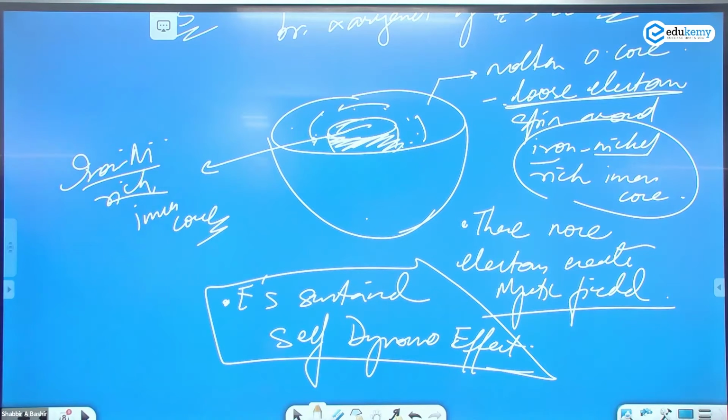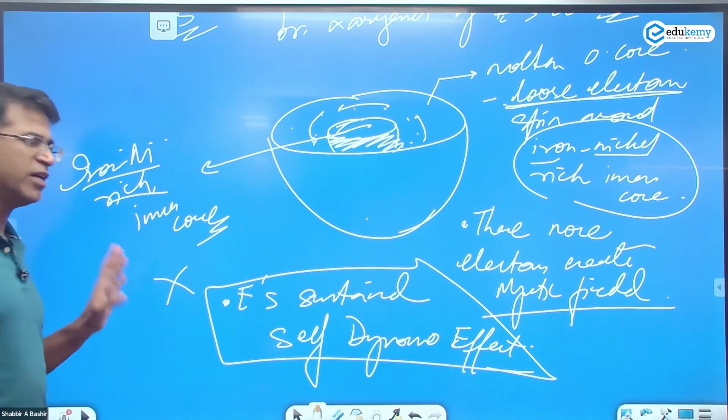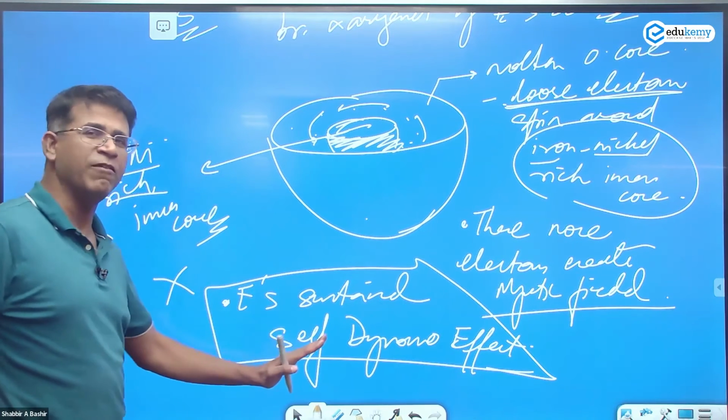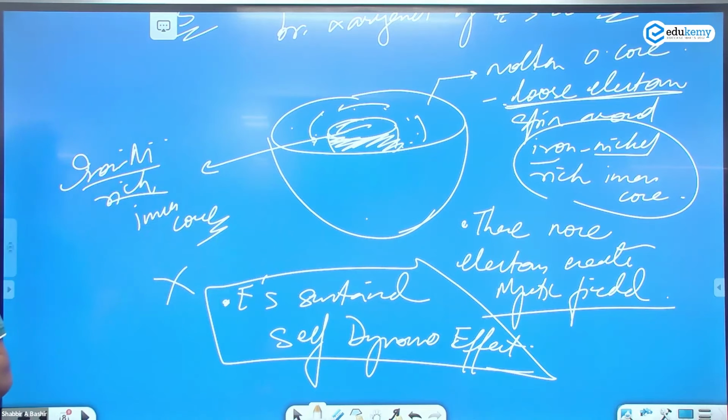Okay, it is a self-sustained dynamo. Forget about the physics of this, you will get confused here. Yes, there are some people who have discovered this. So Earth's sustained self dynamo effect.